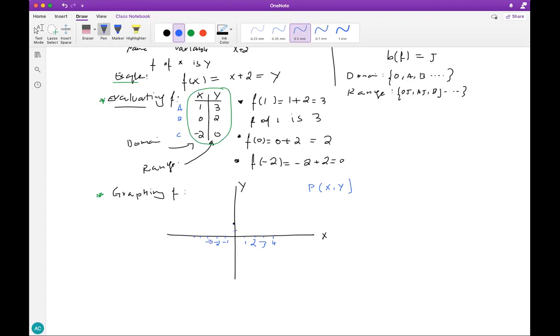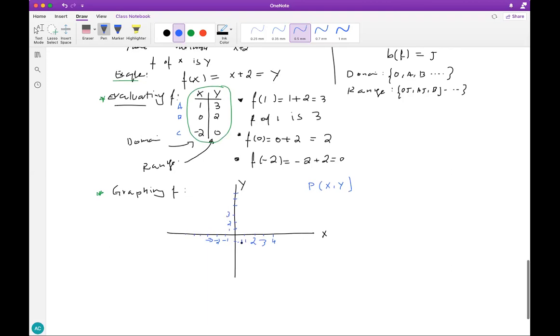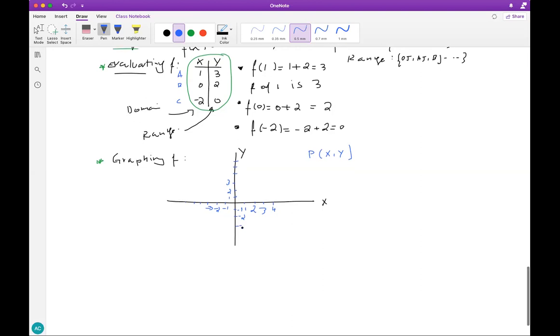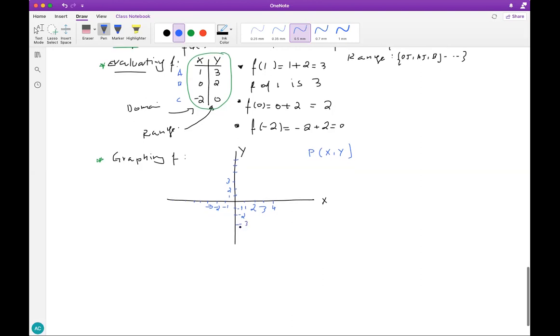We have 1, 2, 3, 4, 5, 6, and so on. So these are positives. So up we have positives. Down here we have negatives. So below the 0 we have some negatives. That's how you make a graph. It's not hard to make.